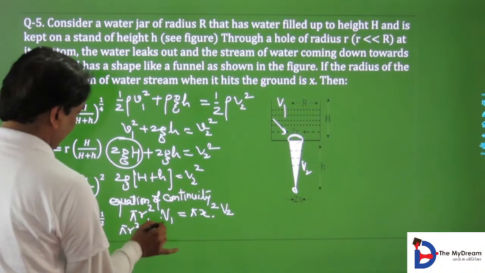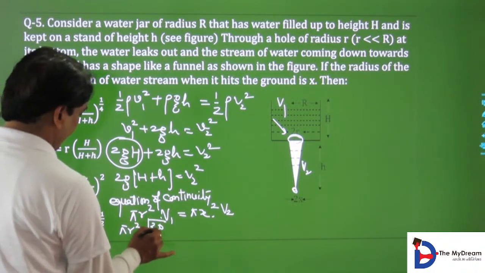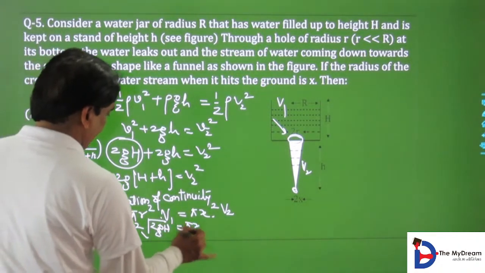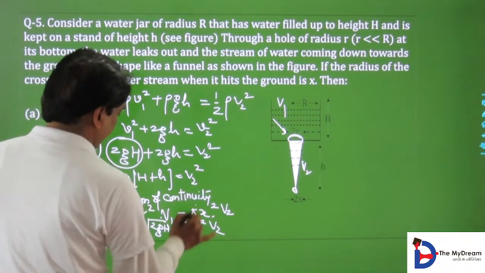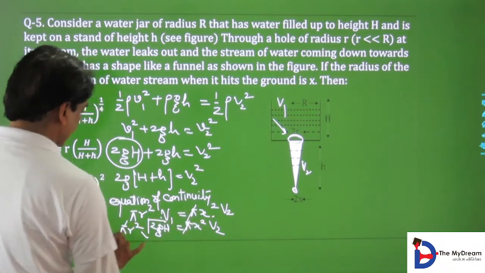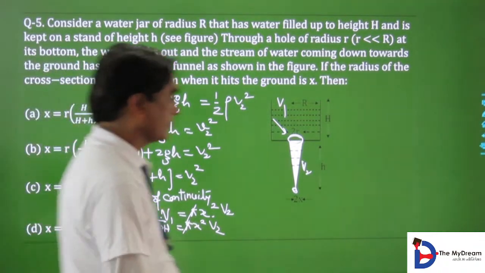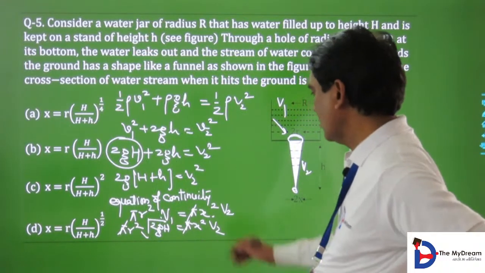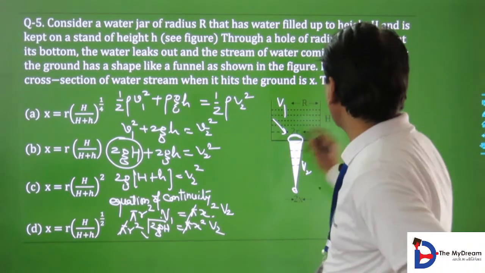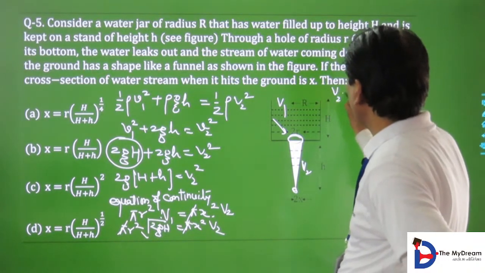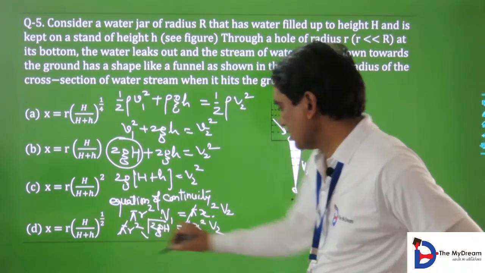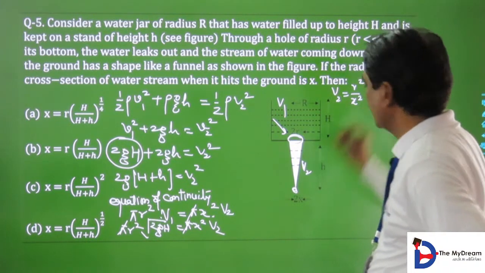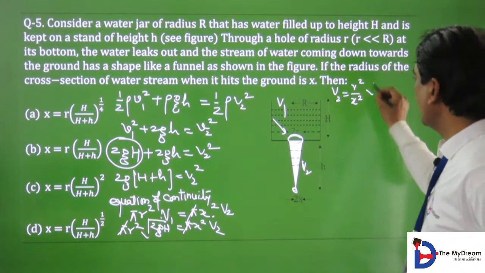So v2 will become r square upon x square under root 2gh.